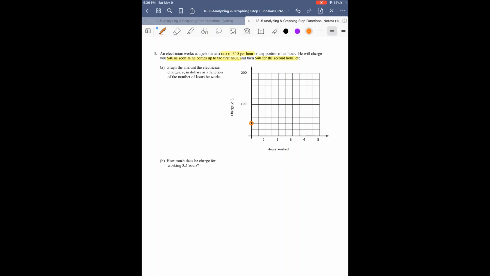If he works for 0 hours, he didn't start working at all, would he make $40? Well, the answer is going to be no. He gets no money for 0 hours. So if he works 0 hours, he does not get paid.